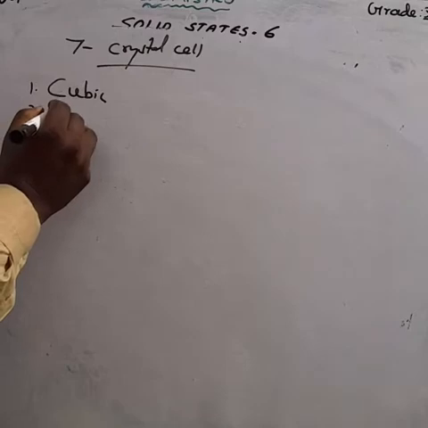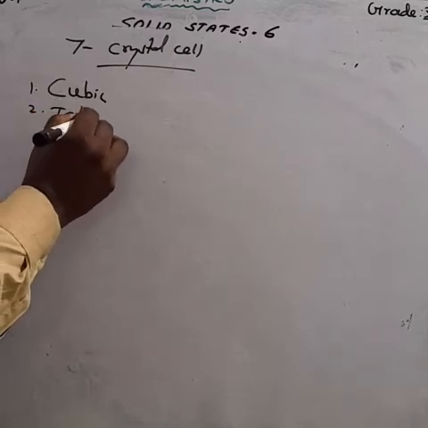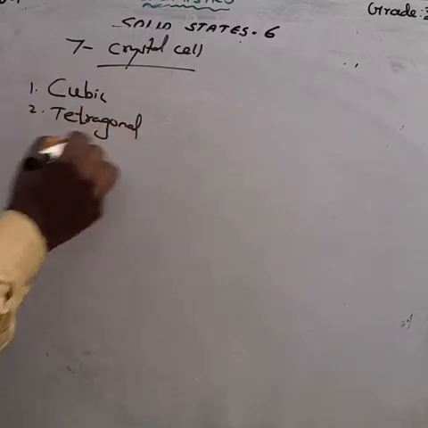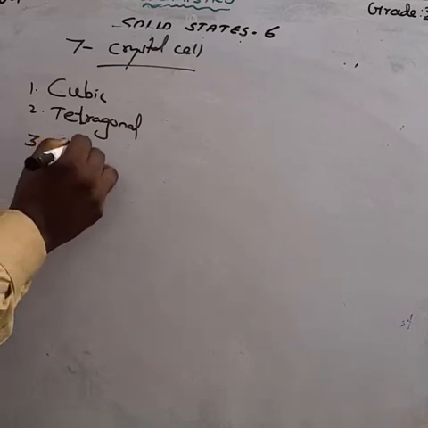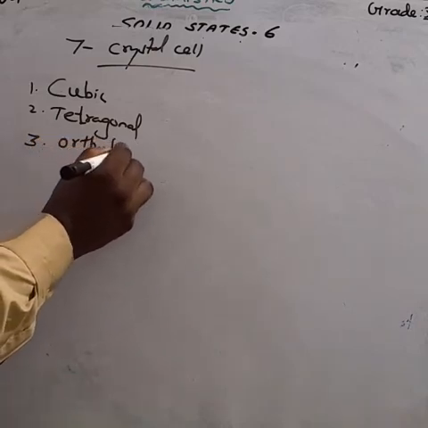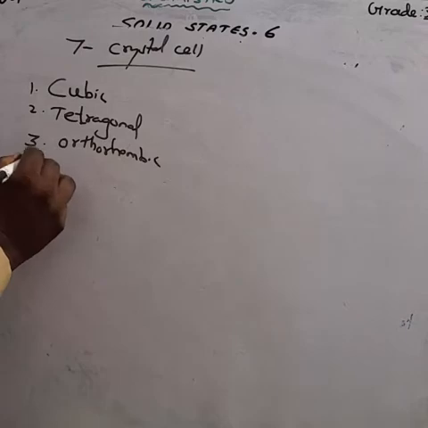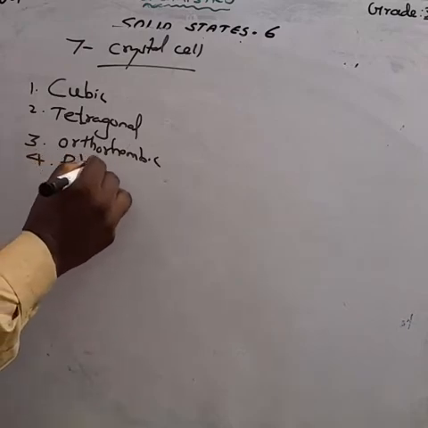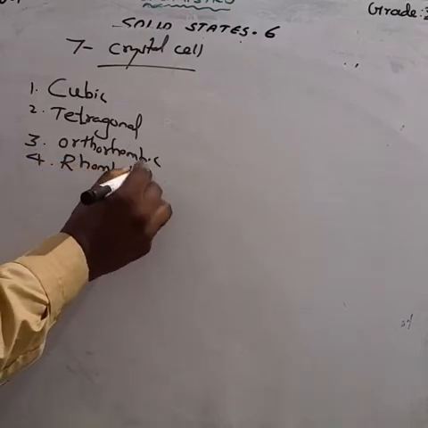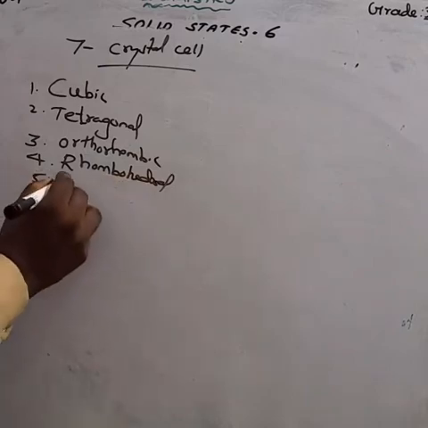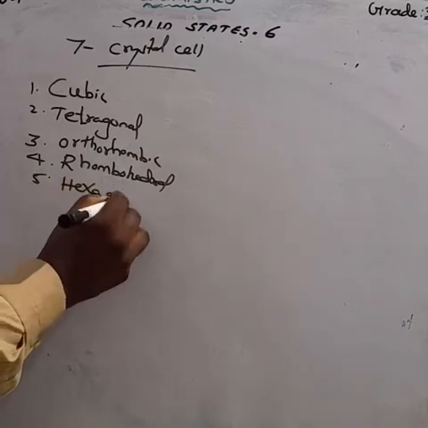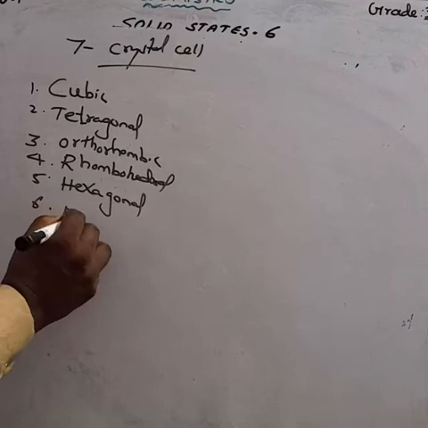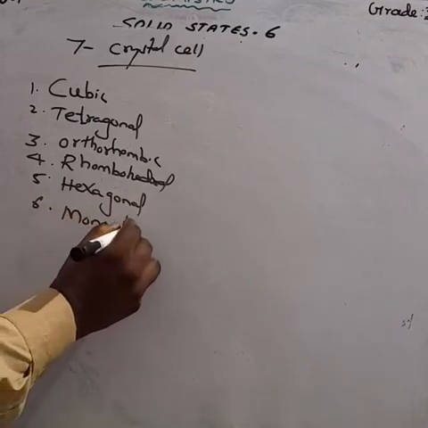Number 2, tetragonal. Number 3, orthorhombic. Number 4, rhombohedral. Number 5, hexagonal. Number 6, monoclinic. Number 7, triclinic.